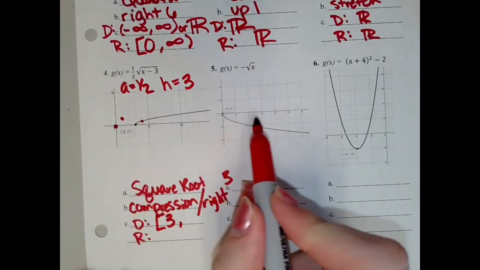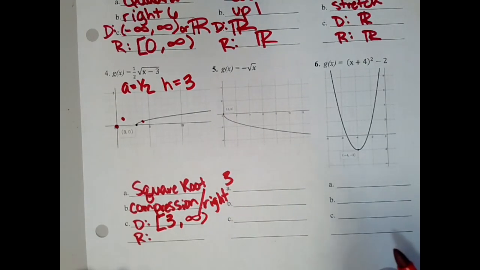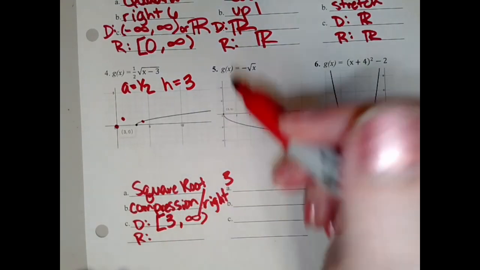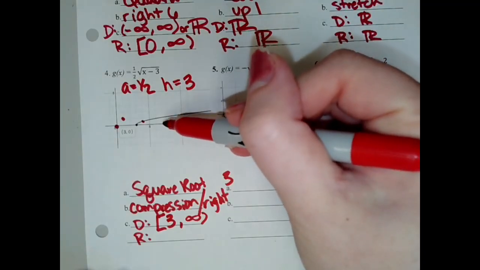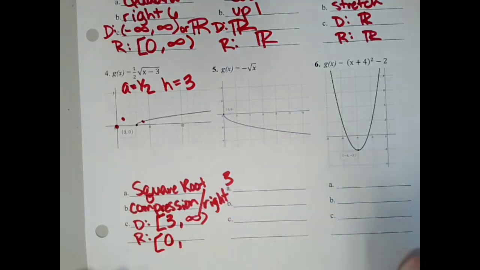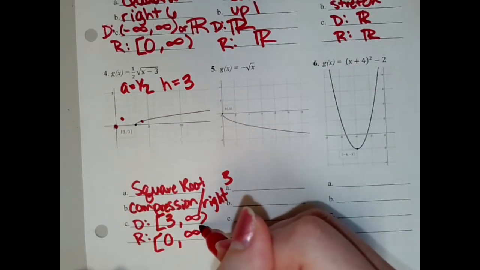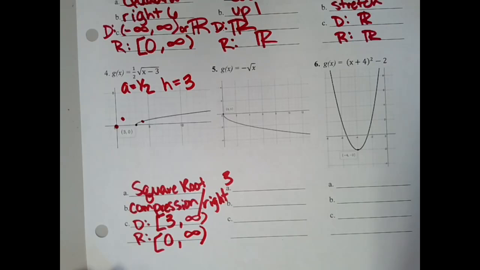It does go right forever, so that's positive infinity with the parentheses. Range, down to up. The lowest this ever goes has a y value of 0 with a bracket because it's included. This one does go up forever, so it's positive infinity with the parentheses.